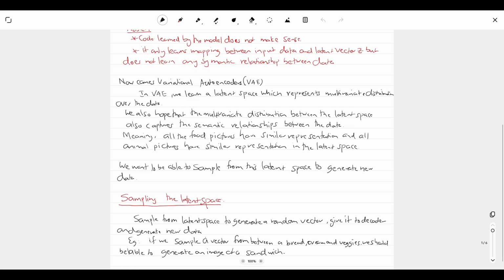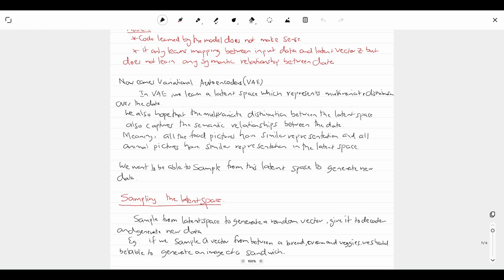Next is contiguity. Crucially, we want the latent space to be contiguous. This means if we take a point z1 representing a happy face and a point z2 representing a sad face, any point sampled along the straight line between z1 and z2 should decode into a face with an expression gradually transitioning from happy to sad.